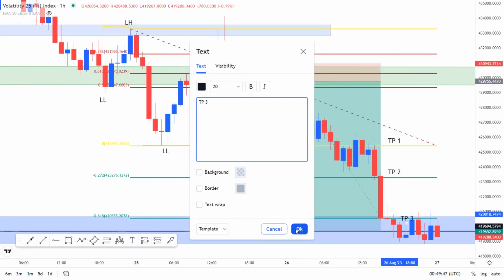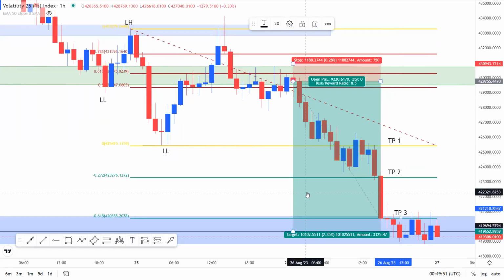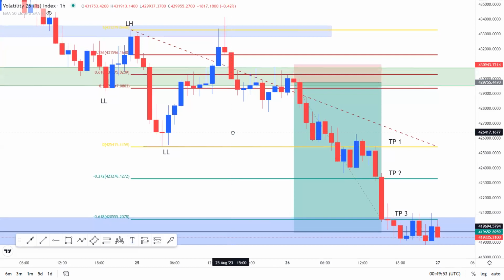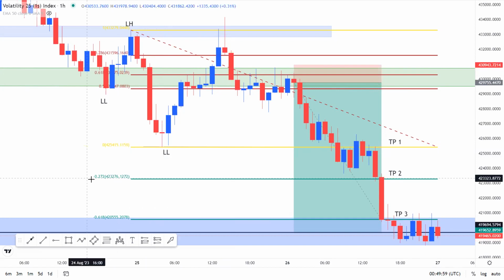So this gives you ideas of where you would likely be looking to get out of your trade using the Fibonacci retracement from the previous lower high to the most recent lower low: the negative 27.2, the take profit 2 level, and the negative 61.8, your take profit 3 level.